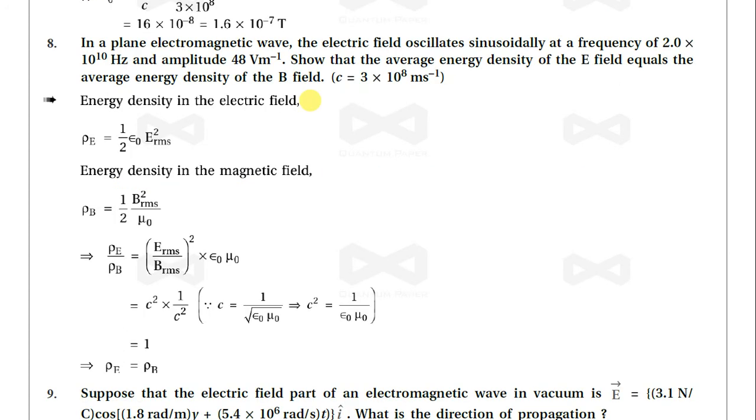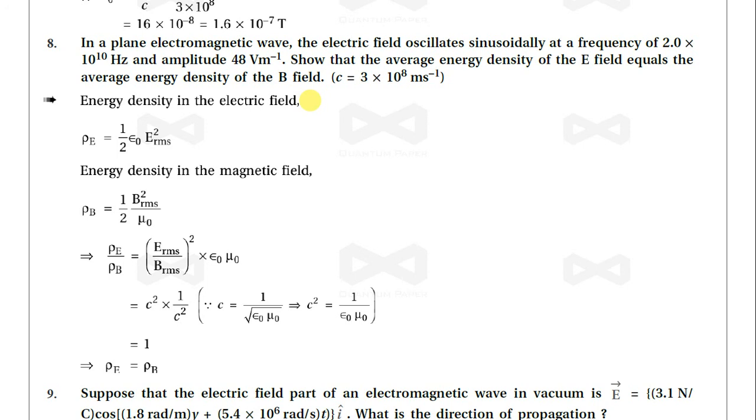Now see here, in a plane electromagnetic wave, the electric field oscillates sinusoidally at a frequency of 2.0 into 10 raised to 10 Hz, and the amplitude is 48 volt per meter. The average energy density of the electric field equals the average energy density of the magnetic field. C is equal to 3 into 10 raised to 8 meter per second.